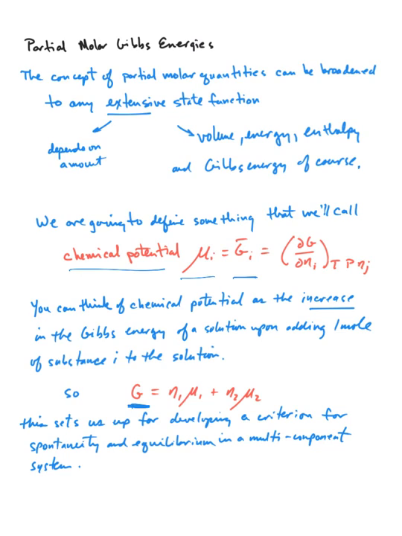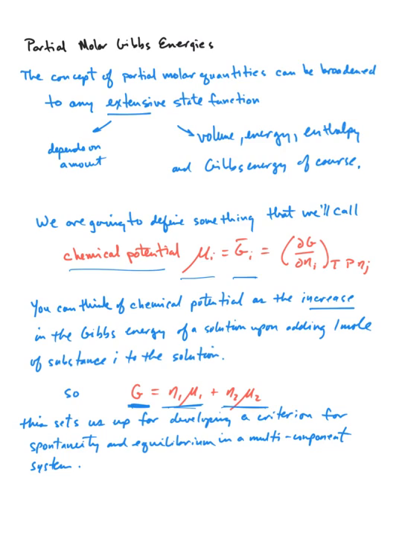The sum of, let's say, the amount of water you have times its partial molar Gibbs energy of water plus the moles of ethanol you have times the partial molar Gibbs energy for the ethanol. So the total solution Gibbs energy is the sum of these two terms. It's the sum of the contribution from each of the components, just like we did for volume.